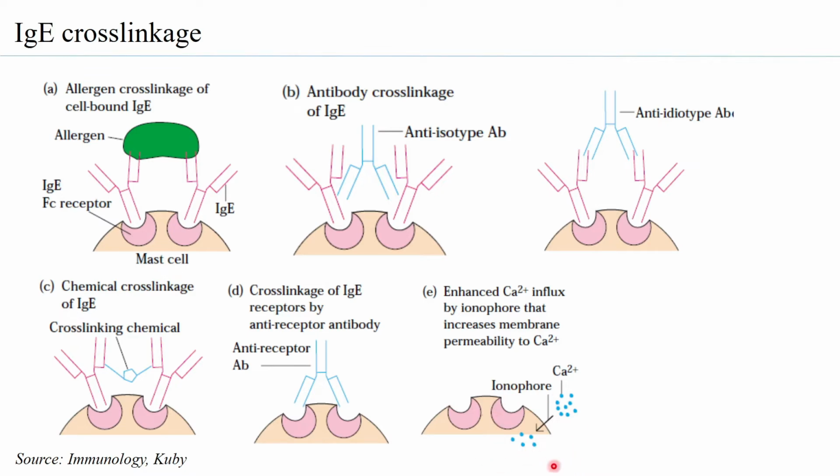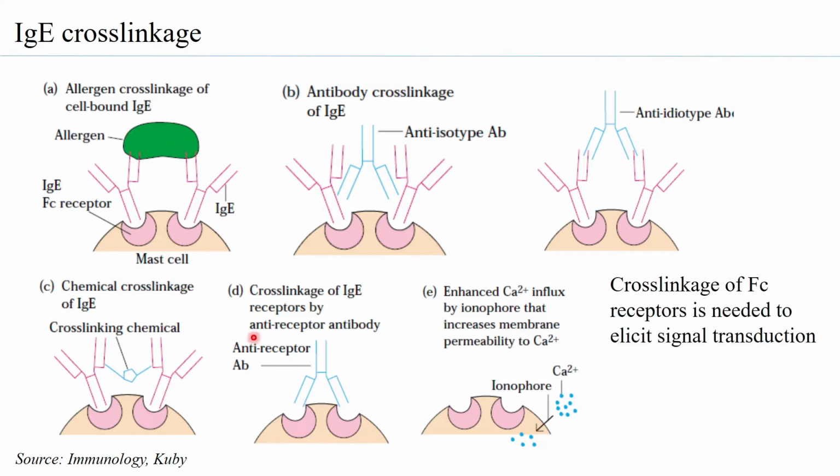So what was also important to note is that calcium plays an important role as a secondary messenger for taking the signal from the allergen into the mast cell. The cross-linkage of Fc receptors is needed to elicit a signal transduction, and the tyrosine kinases get active to phosphorylate the ITAMs of the Fc receptor, and thereby there is a signal transduction that leads to degranulation of the mast cells.